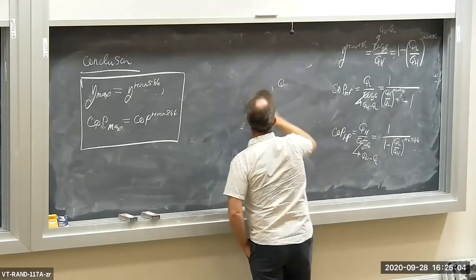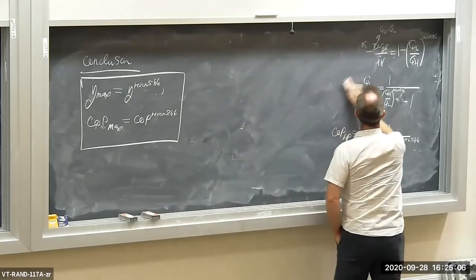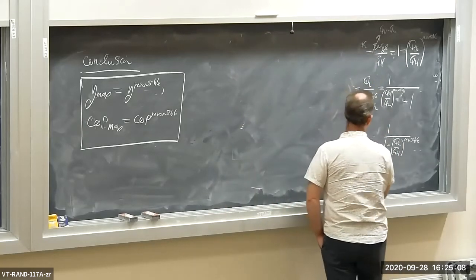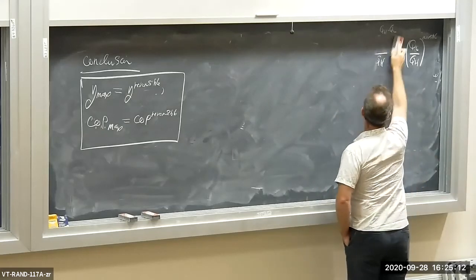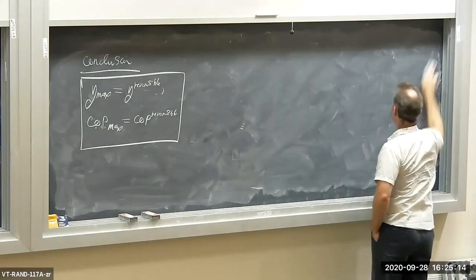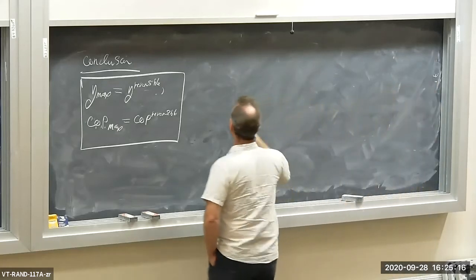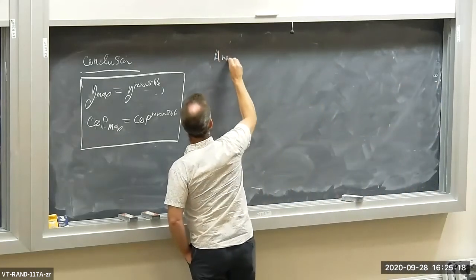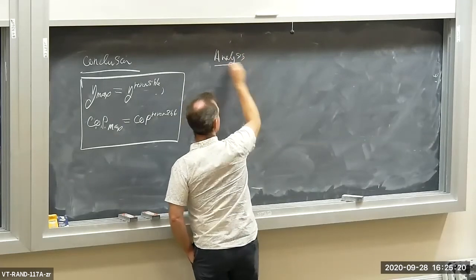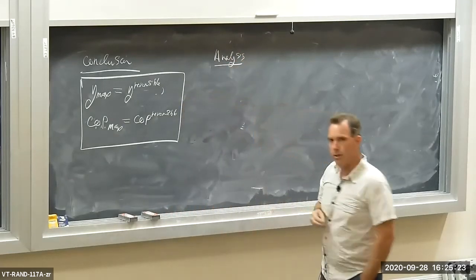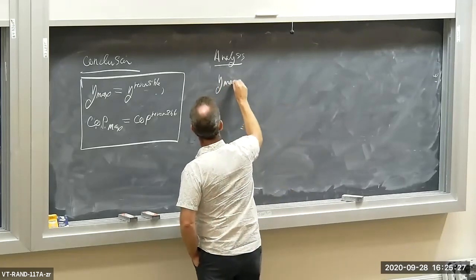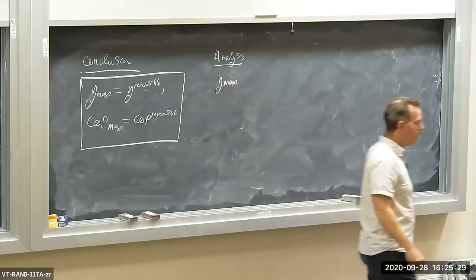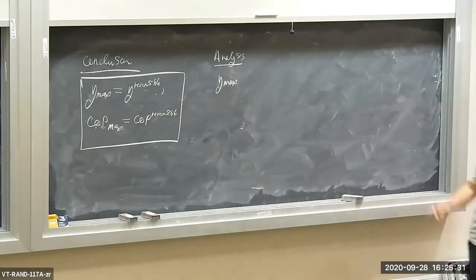Analysis. Eta max. Well, we know that the most efficient heat engine is a reversible heat engine.